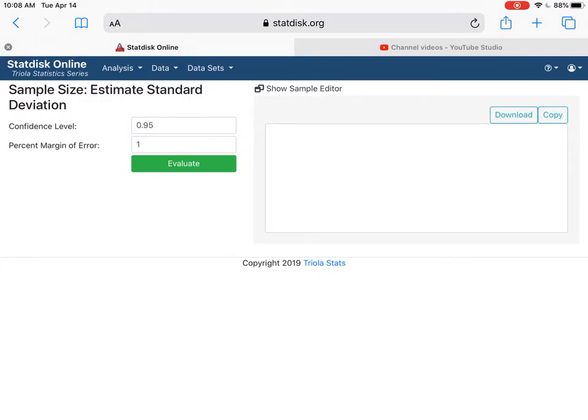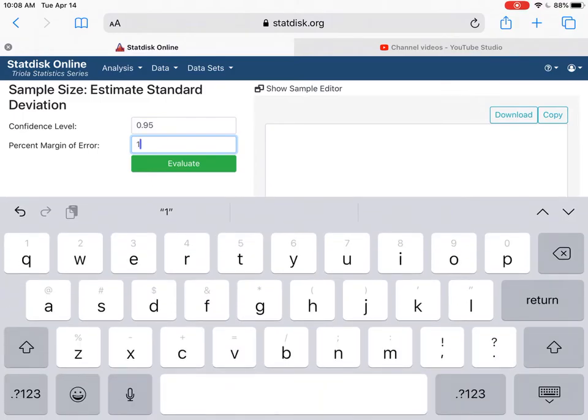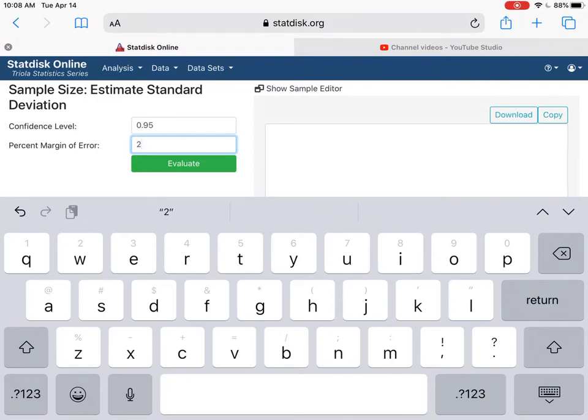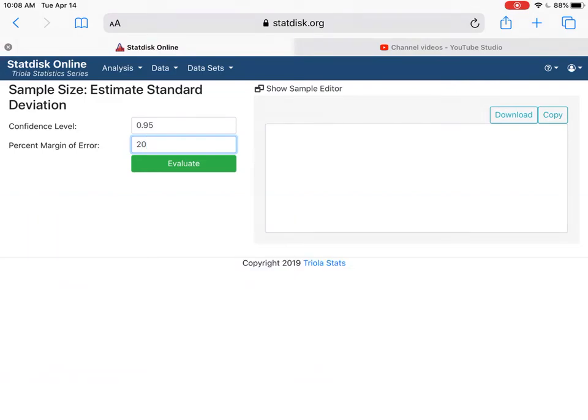So we need to input the confidence level, that is as a decimal, and we need to input the percent margin of error. And so our percent margin of error is 20%. And so we enter it as given, not as a decimal. And so we have 95% confidence level and a 20% margin of error.